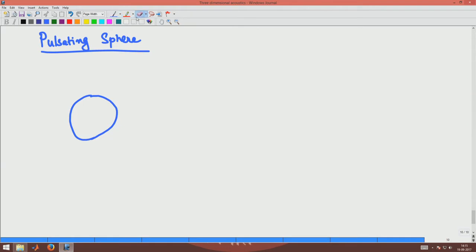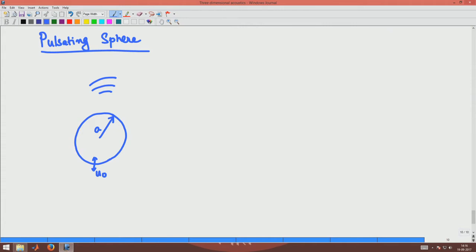This sphere is bulging in and out with a certain velocity, let us say u 0. The question is, what is the acoustic pressure field that is radiated because of this bulging sphere.